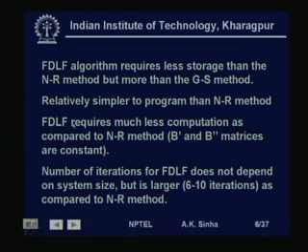Fast decoupled load flow method requires much less computation as compared to Newton-Raphson method, because B dash and B double dash matrices are constant, and therefore, they need to be factored only once.